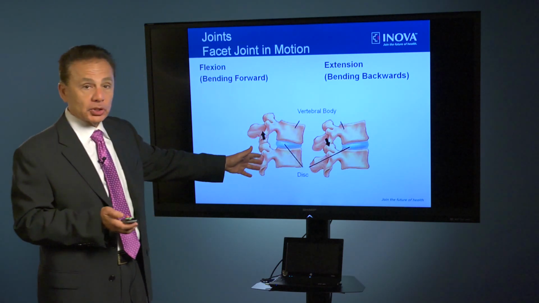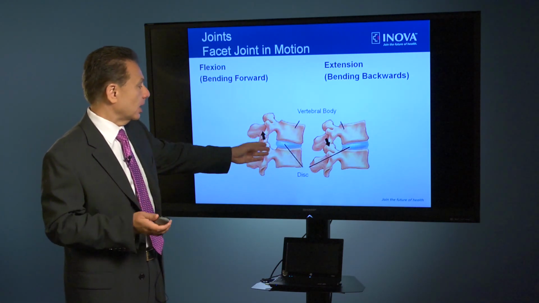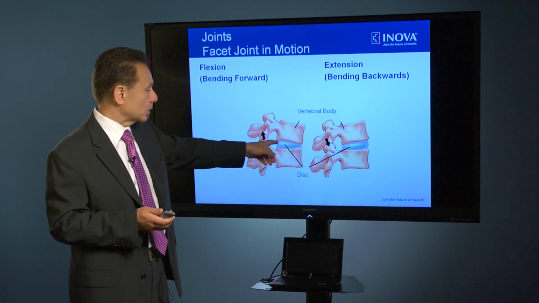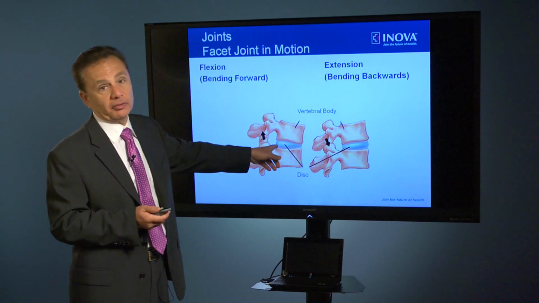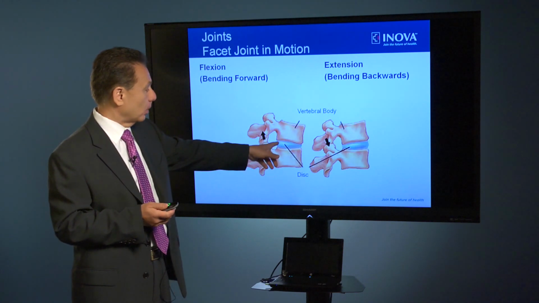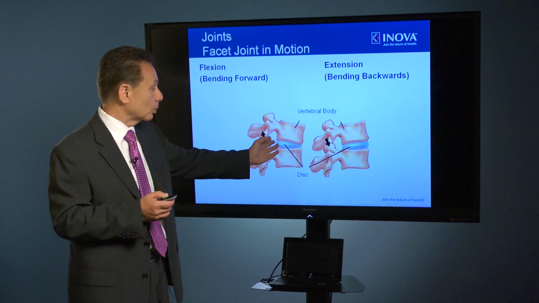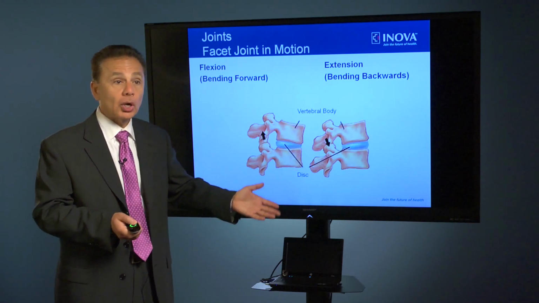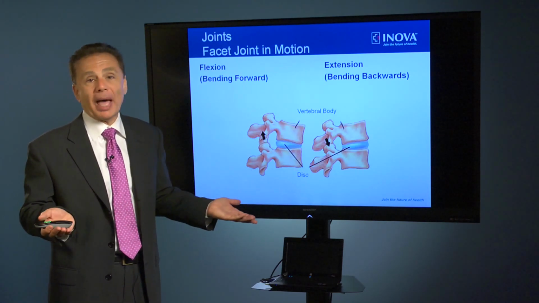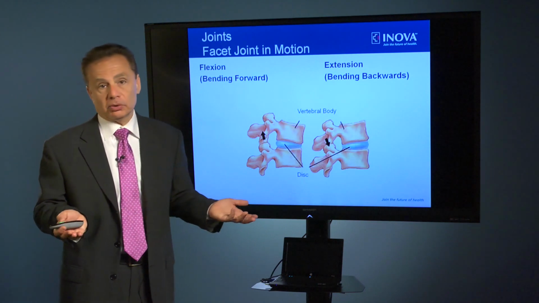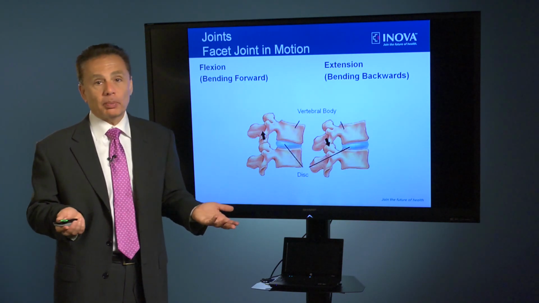So 90% plus of the damage that occurs to the disc wall occurs to the back wall of the disc. Not because the back wall of the disc is weaker than the front wall of the disc, it's because we live in a world where we're constantly bending forward or sitting with no back support. Most household furniture, for example, has poor back support.